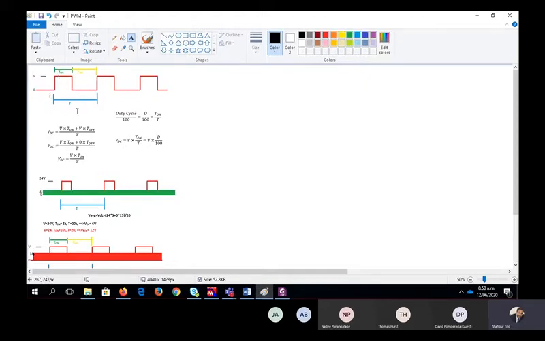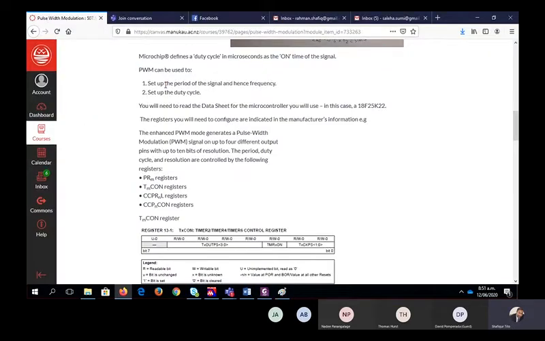Now, in order to give this period, I need to measure the time, right? To set the period, and that period will determine the signal frequency, and set the duty cycle. Now, these two parameters, in order to set, I need to use, so this period is related to time.